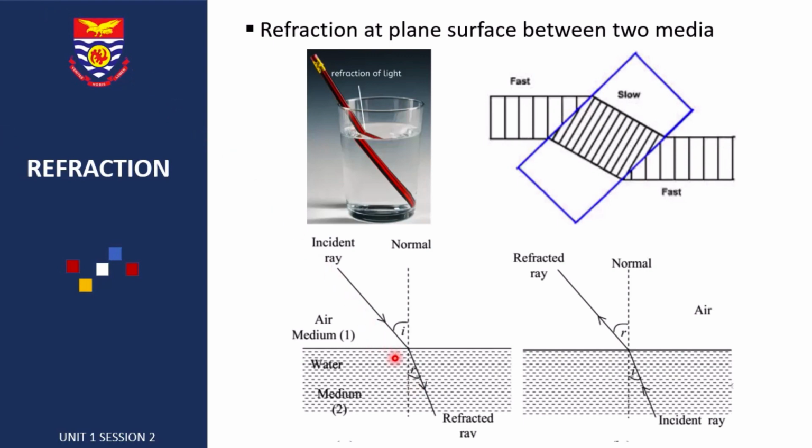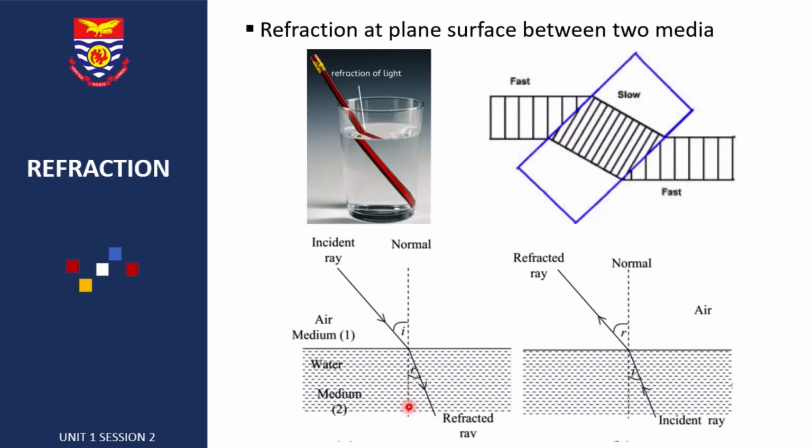And in refraction, anytime light rays travel from a less dense medium, when we are comparing these two media, air is very much less dense than water. Anytime light rays travel from a less dense medium to a more dense medium, the refracted ray tends to bend towards what?